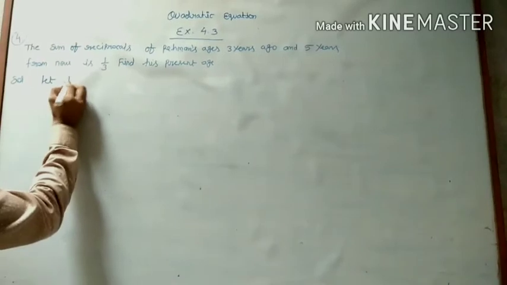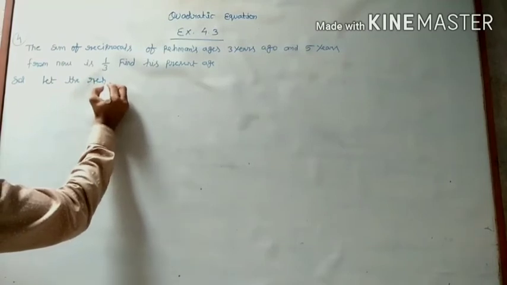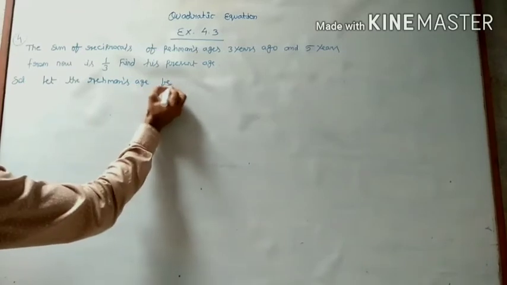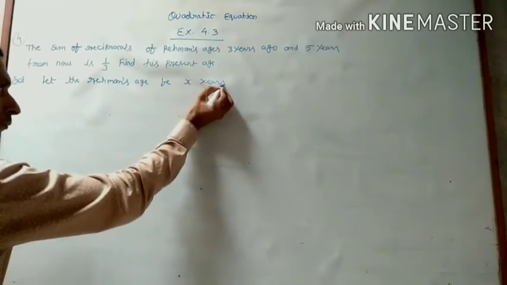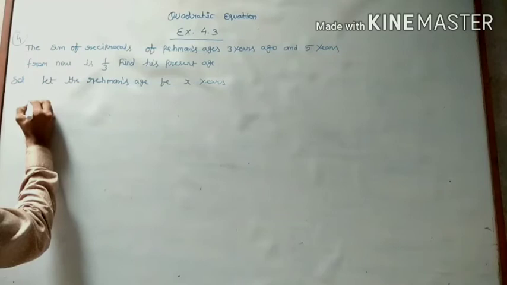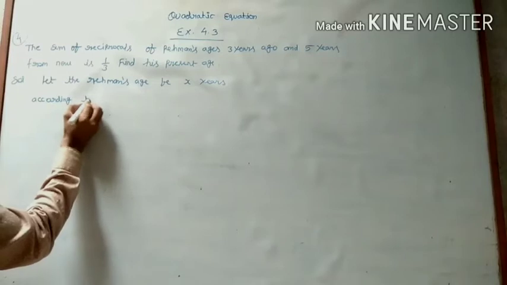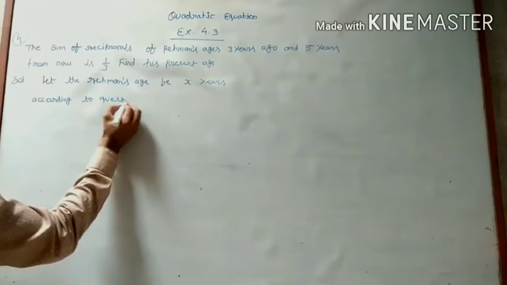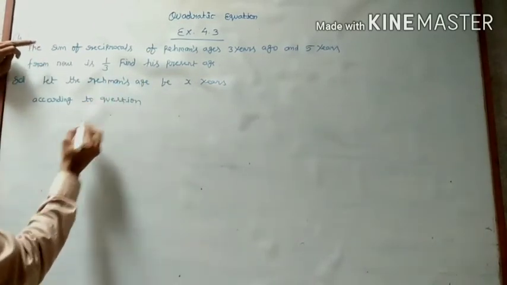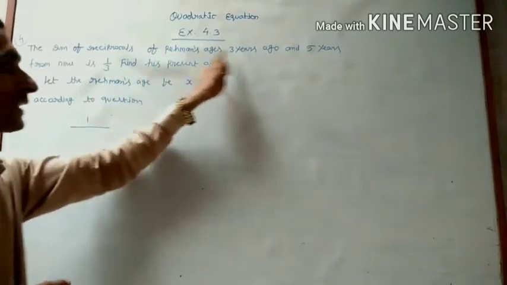Let Rahman's age be x years. According to the question, you can write the first number, the reciprocal, that means 1 upon, here it is Rahman's age 3 years ago.